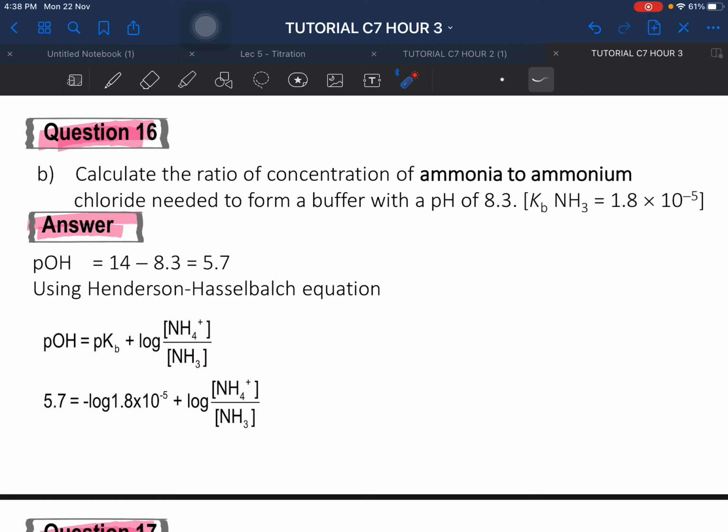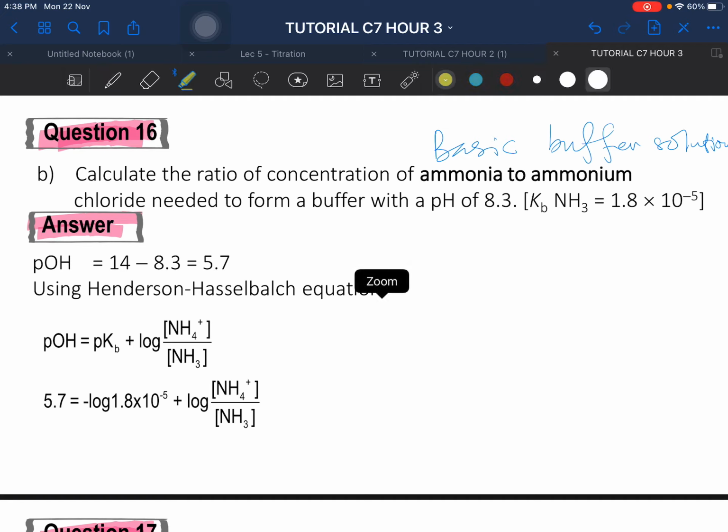So why do we use this kind of Henderson-Hasselbalch? Because our buffer solution is a basic buffer solution. What is a basic buffer solution? It is made up of weak base and its salt, which is its conjugate acid.